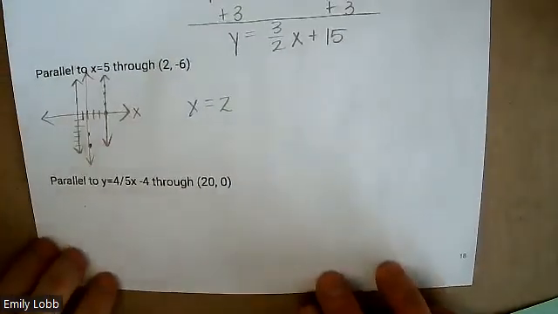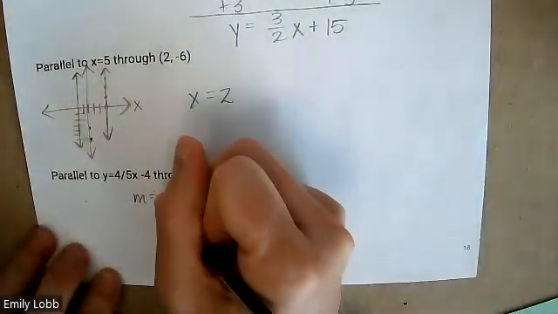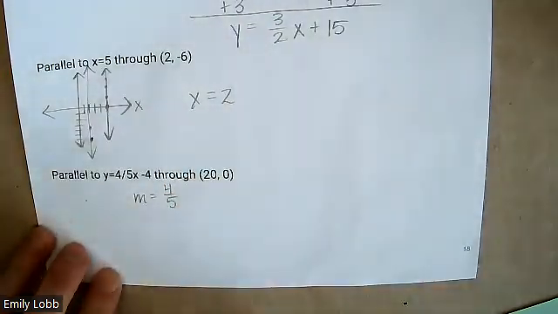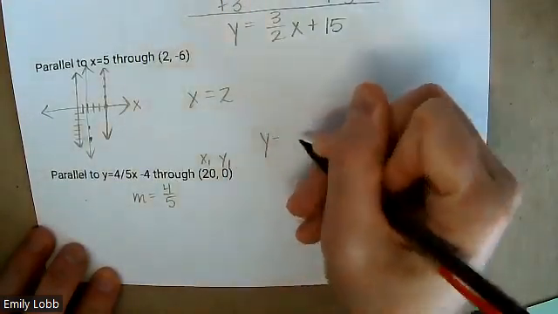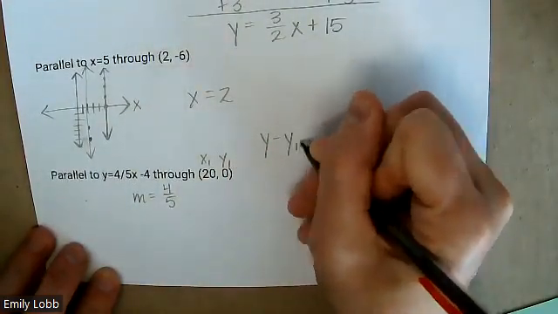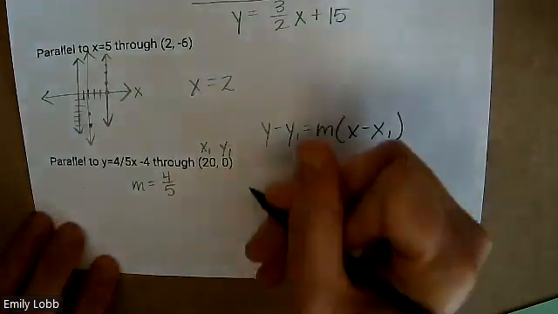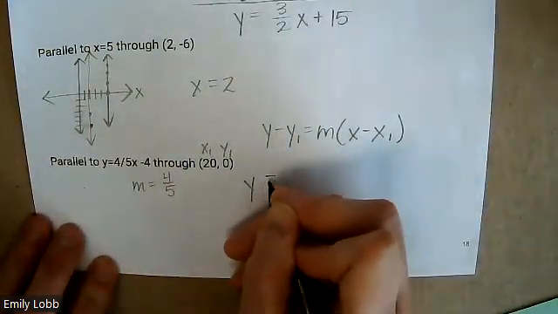Parallel to this. Parallel means my slope's the same. Here's my point. Remember my point slope formula. So y minus 0. Can I just write y equals?